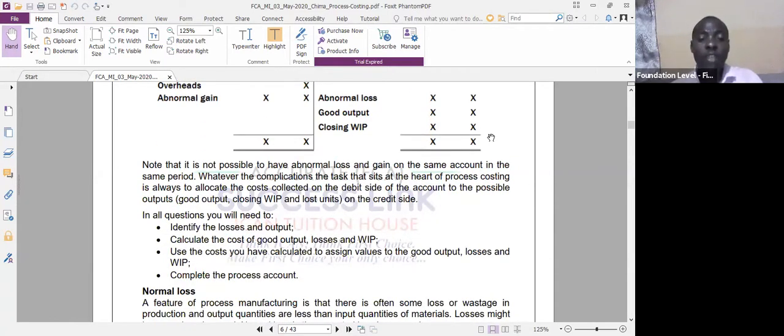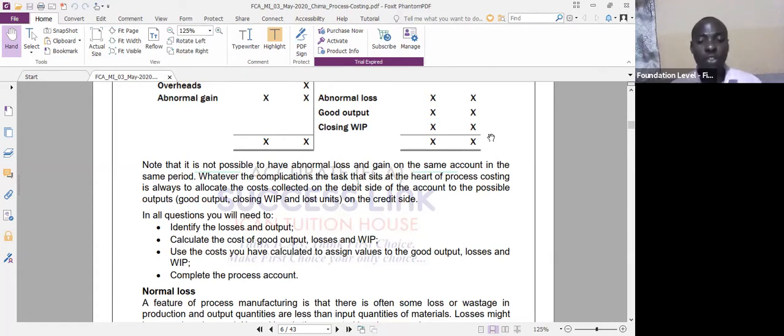All right. In all the questions, identify the losses. So you identify the output, identify the loss. You need to calculate the cost of good output, the cost of losses and the cost of work in progress.